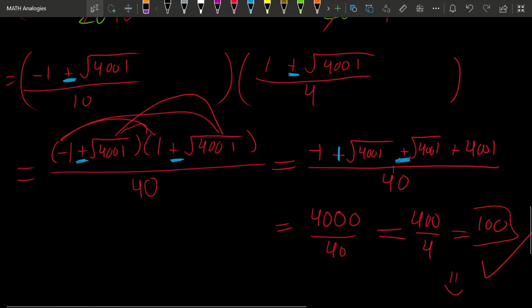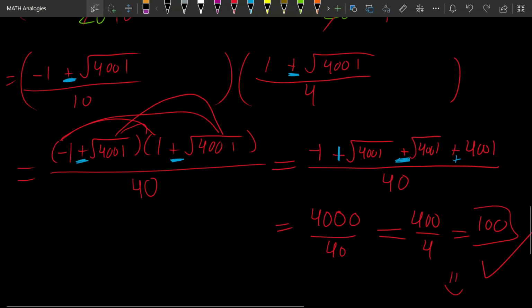So negative times negative is positive. And the square root times the square root cancels out the square roots to just give us the 4001. So this time we have minus 1 plus, again, 4001. So we just get rid of that 1 on the end, we have 4000.